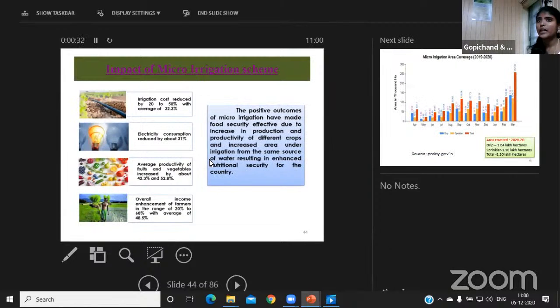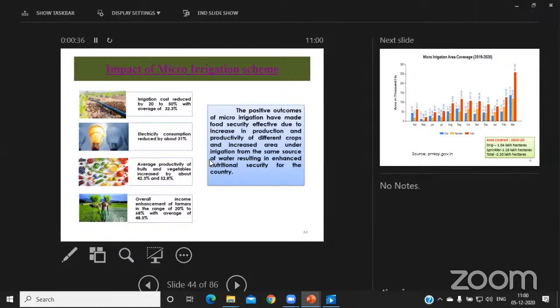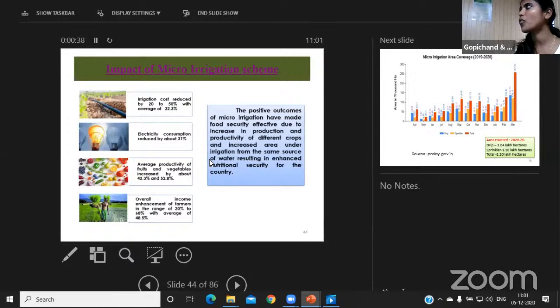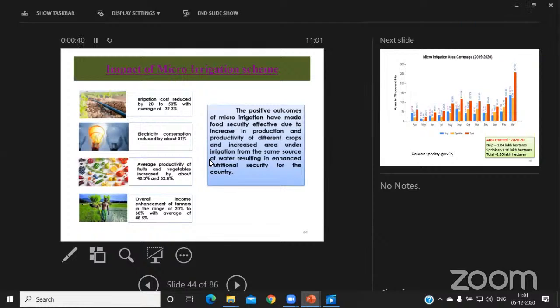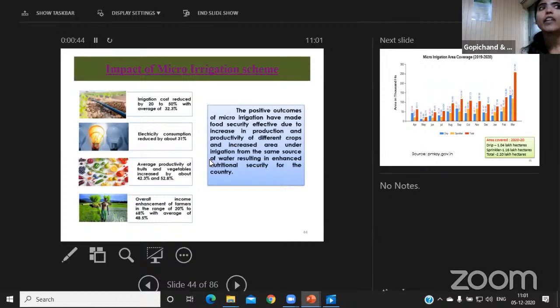The major impact of micro irrigation, this study was conducted by the Government of Karnataka in the year 2014. The irrigation cost was reduced by 20 to 50% with a coverage area of 32.3%, and electricity consumption was reduced by 31%, and average productivity of the fruits and vegetables has increased from 42.3% to 52.8%, and overall income enhancement of farmers was in the range of 20% to 68% with an average of 48.5%.